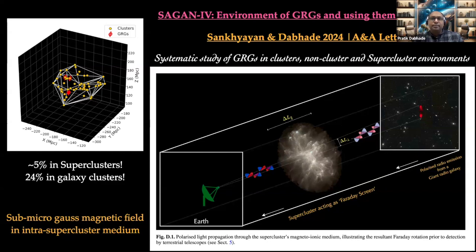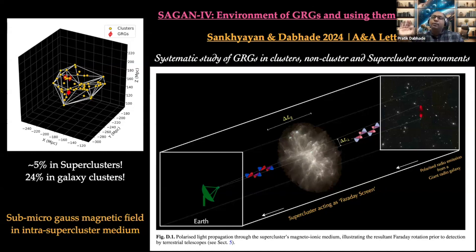This is undergrad or high school physics: you have a magneto-ionic medium and polarized light passing through it. The medium rotates the polarization angles, and that rotation is what we see. So the supercluster acts as a Faraday screen. The background GRG's polarized light intersects the magneto-ionic medium inside the supercluster and gets rotated, and we have the rotation measures.